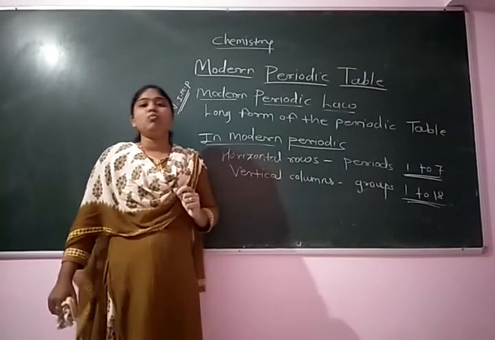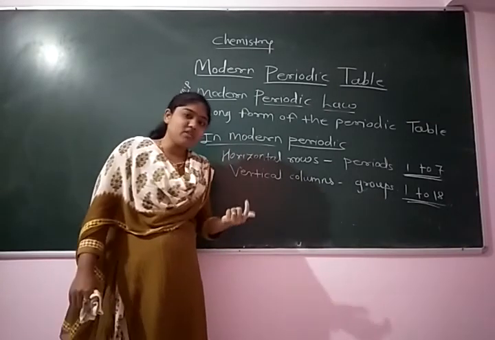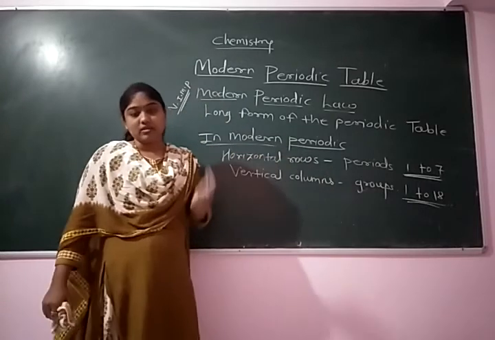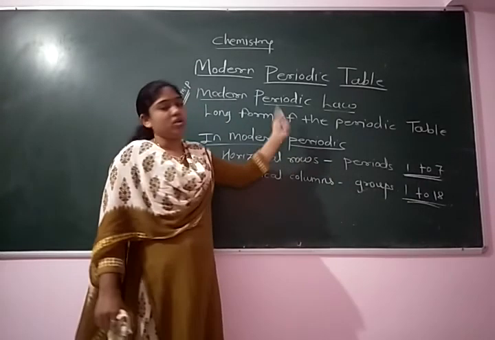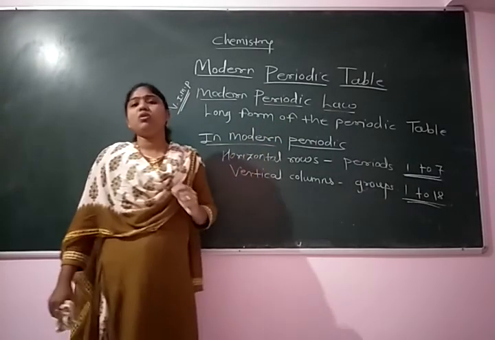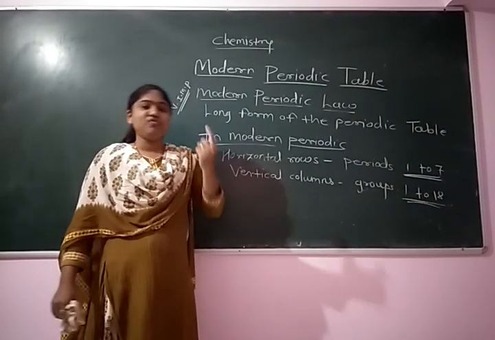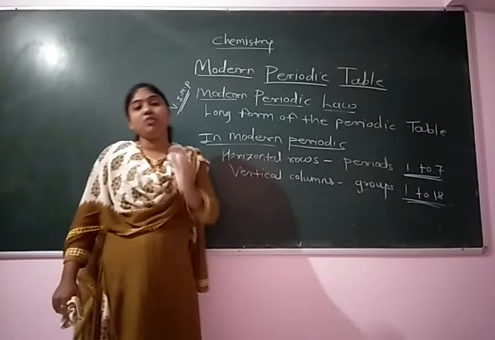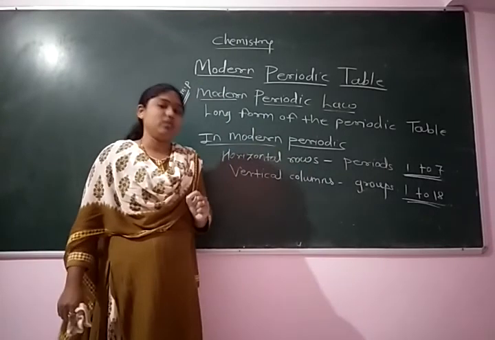After that Mendeleev's periodic law was modified, and this is called the modern periodic law. So what was the modern periodic law? The physical and chemical properties of the elements are a periodic function of their atomic numbers.